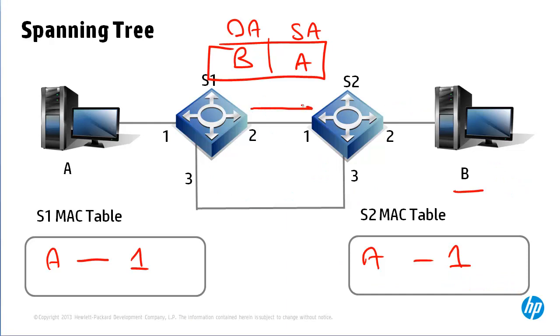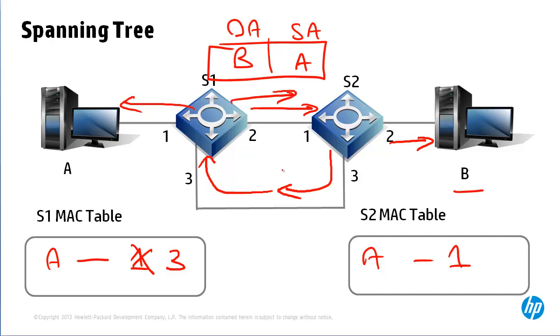When the frame arrived on port 1, it is flooded out of all ports. The frame is sent back to switch 1, and when it arrives on switch 1 it updates its MAC address table to state that A is on port 3, as well as flooding the frame out of all ports. So in this case, A has received its own frame.